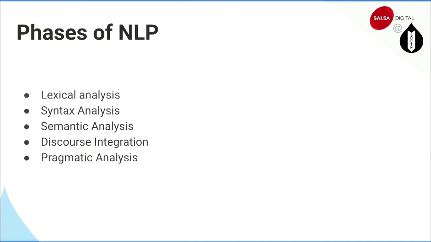So these are the phases that I mentioned before. NLP has 5 phases: the lexical analysis, syntax analysis, semantic, discourse, and pragmatic analysis. With the lexical analysis, it just recognizes and analyzes the word structure. The collection of words or phrases in a language is referred to as a lexicon.